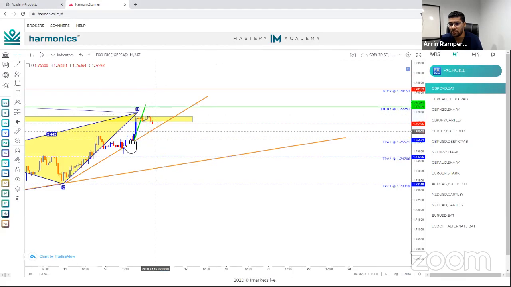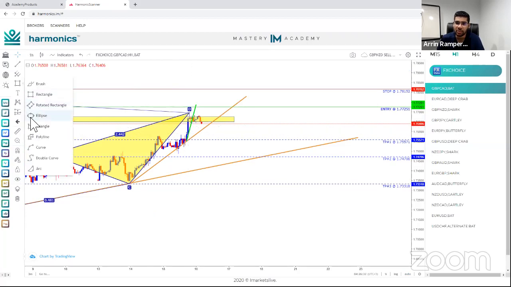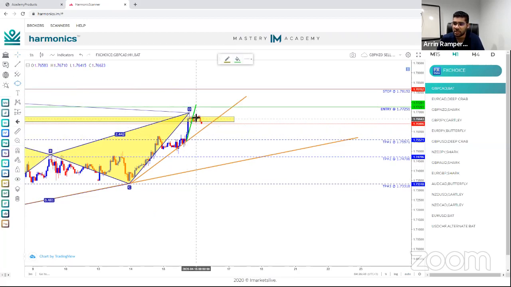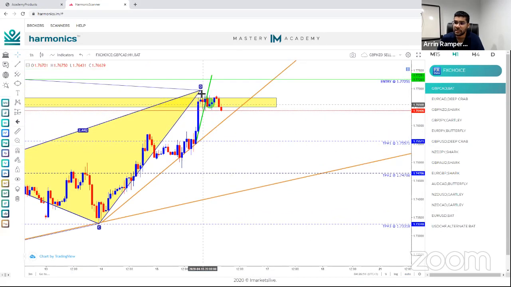So here it is: if you were looking at this earlier on tonight, this would have been your entry. You're at a point of resistance, you draw your trend lines, and price is now on the right side of the trend line. You can enter a trade within this zone, and you would have been pretty much sitting in profits right now.